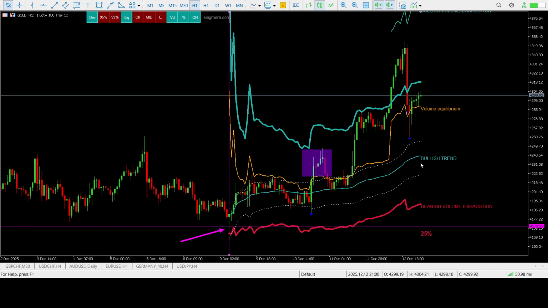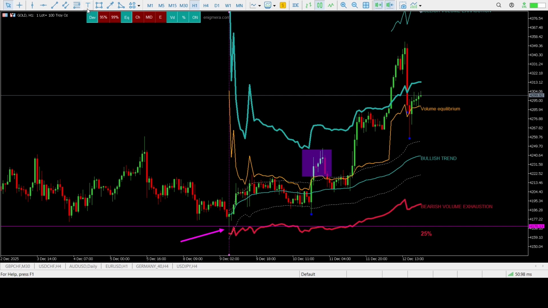I mean, if the bullish trend is still active, the bullish trend is represented by this bullish trend line. If the green line is still in force and the market dropped to the bearish volume exhaustion, and the bearish volume exhaustion is over this initial point, not below, you can still buy.